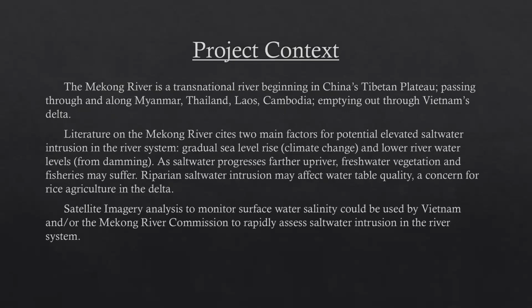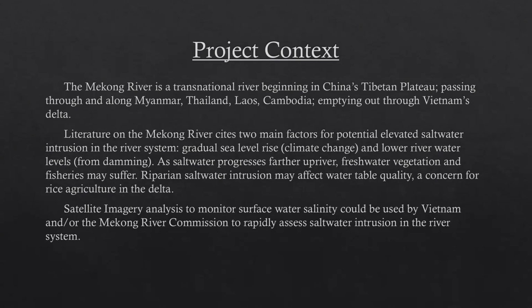For those who don't know, the Mekong River is a major transnational river that starts in China's Tibetan Plateau and exits through Vietnam after traveling through mainland Southeast Asia. Saltwater intrusion in the Delta and proceeding farther up the rivers is a concern. There are two main factors cited for this.